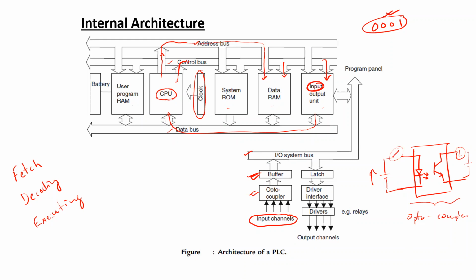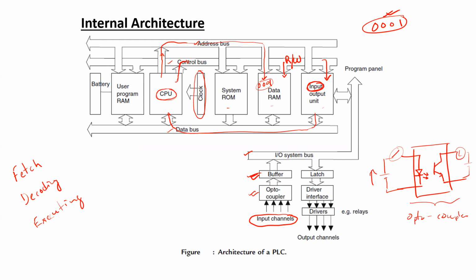So a particular memory location, suppose 0001 of the data RAM, is indicated by the address bus, and whether to read or write that data is indicated by the control bus. So depending upon that, the data is either stored in the data RAM, or if the CPU wants to read some data, then also the same thing can be done from the data RAM.